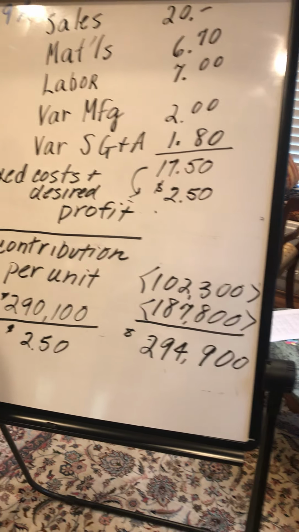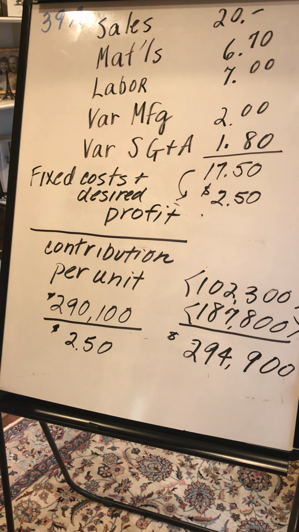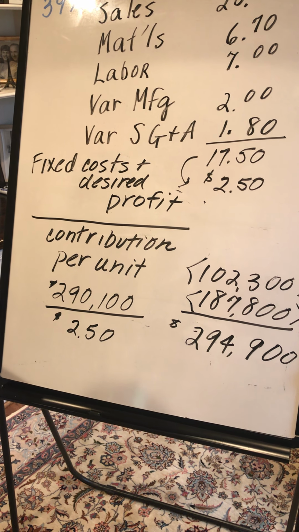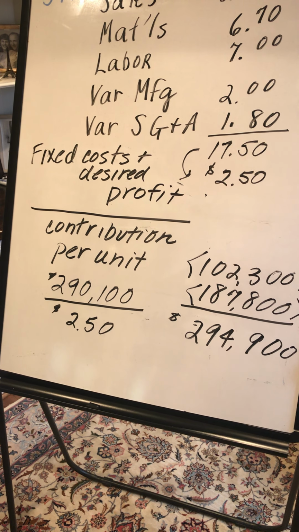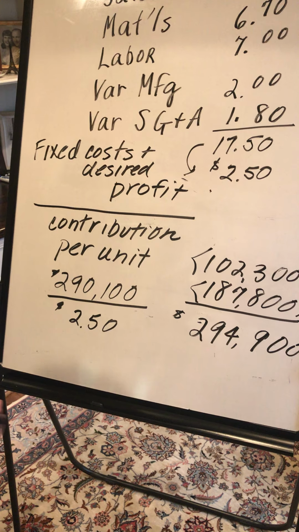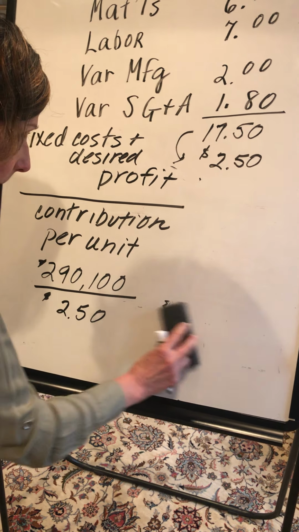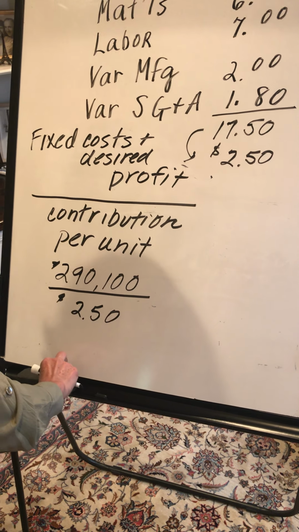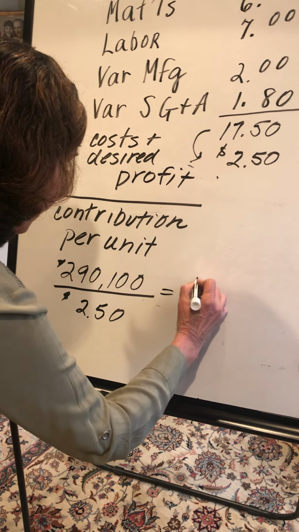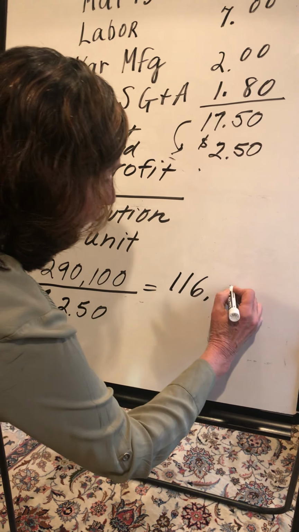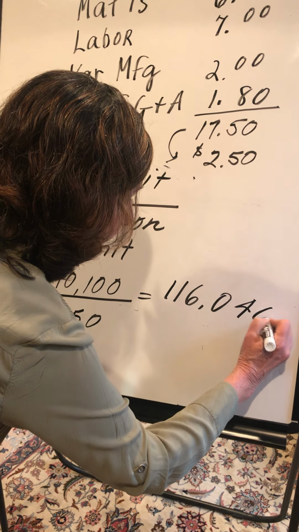And now we'll do the math. 290,100 divided by 2.5. So in order to break even, they need to sell 116,040 units of their product.